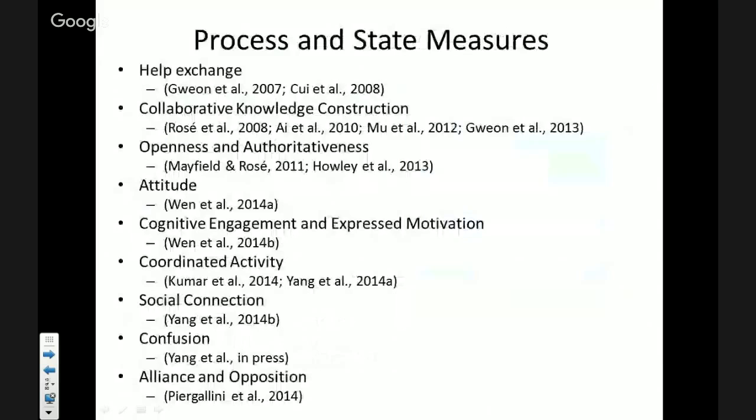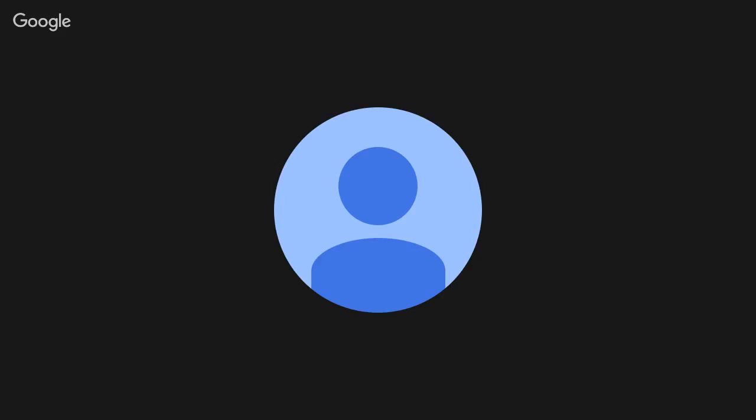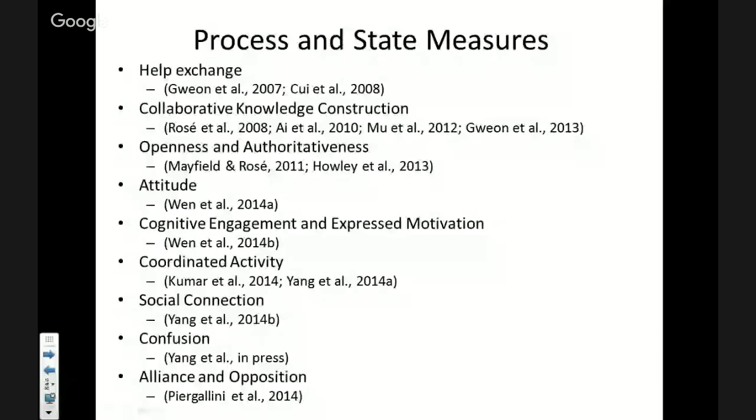And using this methodology, we have developed a number of process and state measures that have been published in our prior work, and I'll be happy to pass on and discuss any of this work with you outside of this talk. Of course, in a 45-minute talk, I can't cover all these things. But in addition to working on the measurement aspect, how can we get at things like help exchange, collaborative knowledge construction, attitude, or social connection?